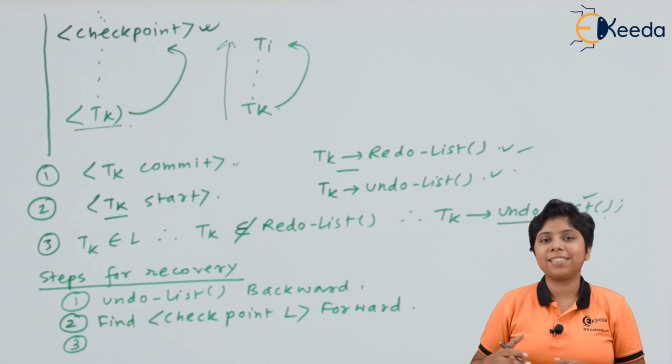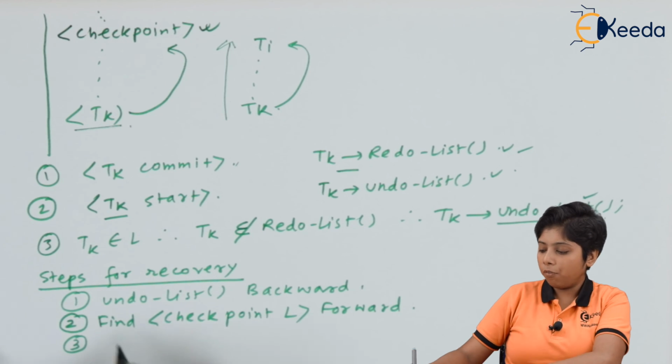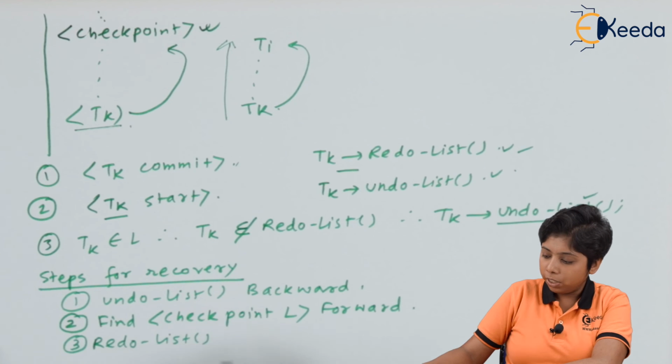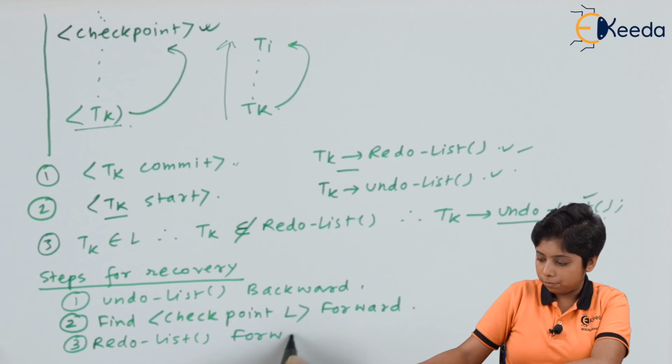But redo is exactly the opposite. Suppose A is deducted by 50 and only the deducted amount is added to B. Then first we need to redo A and then redo B, not B and A. So we perform the redo list with all the redos in a forward nature.